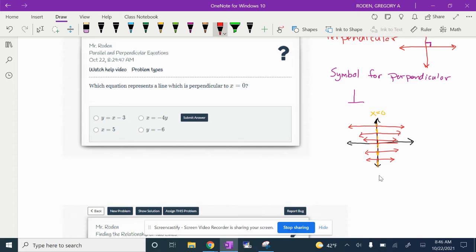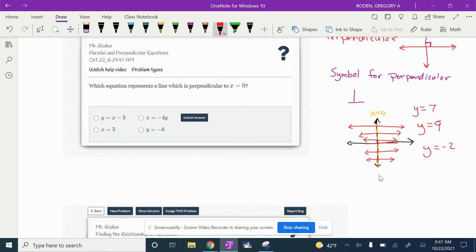So which one of these equations could be written as one of these red lines? Well, those equations are always going to say y equals just a number without an x. Those are all what we call constant functions. A constant equation is horizontal. So a horizontal line could be y equals 7 or y equals 9 or y equals -2.